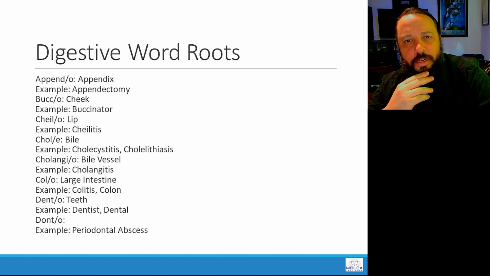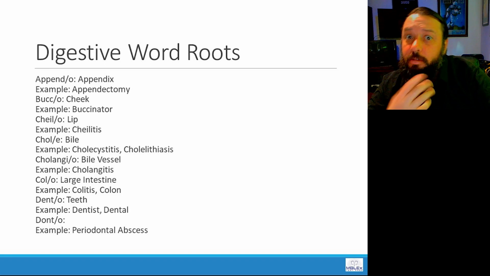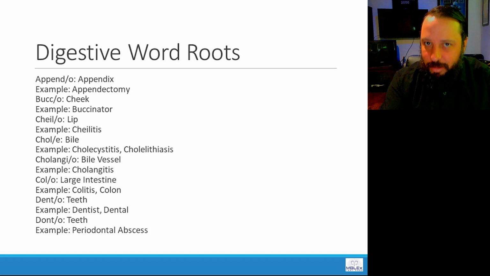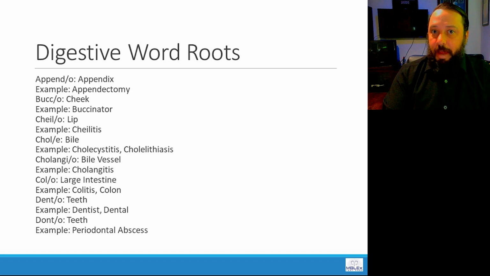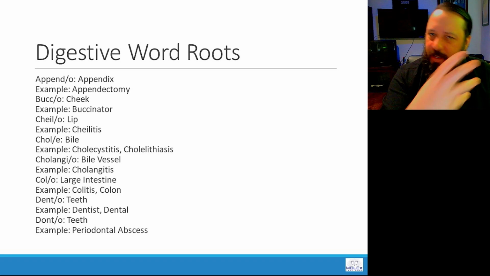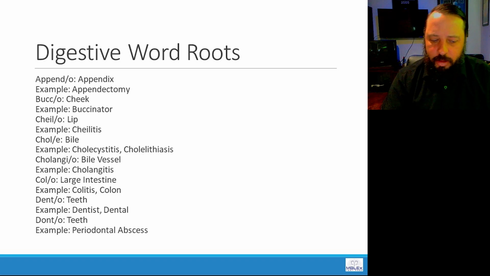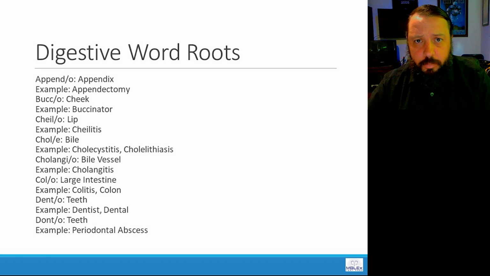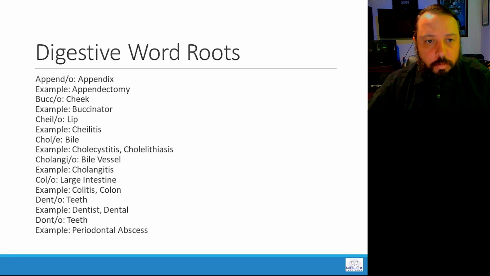Ortho means straight. So what in the digestive system do we need to be straight? The teeth, right? So dento and odonto both mean teeth. So periodontal abscess, you have some sort of abscess, an infection, a collection of pus around the teeth. An orthodontist is somebody who straightens the teeth. Okay. So odonto, teeth. Moving on.